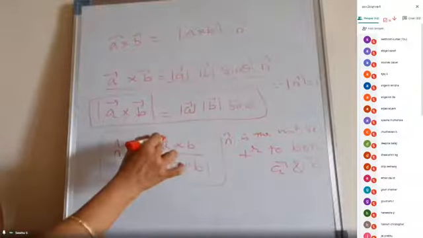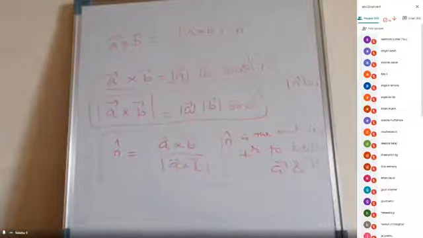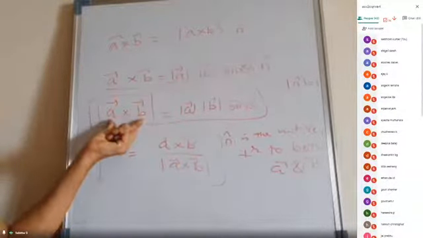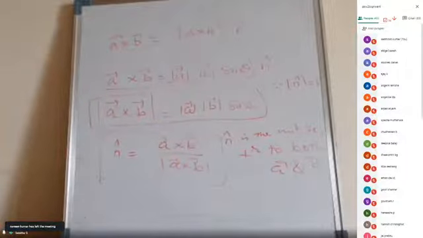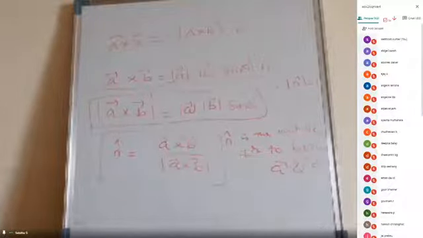Understand? Do you understand? Instead of mod A mod B sin theta, I can apply mod A cross B. A cross B equals mod A cross B n cap. Therefore, n cap equals... any doubt?